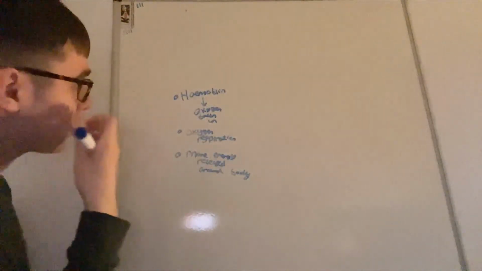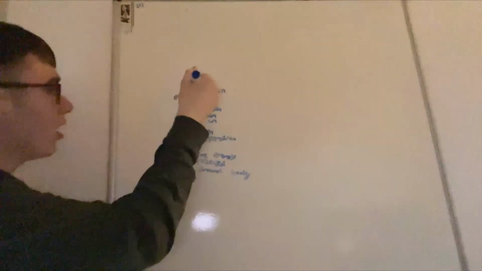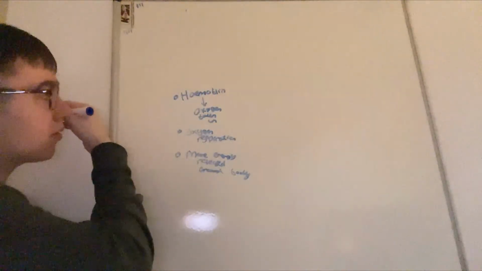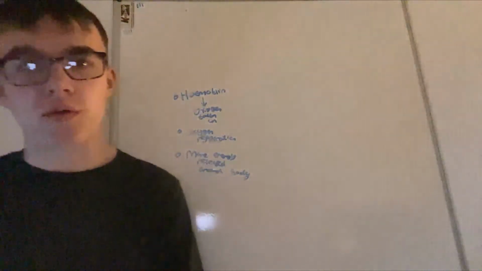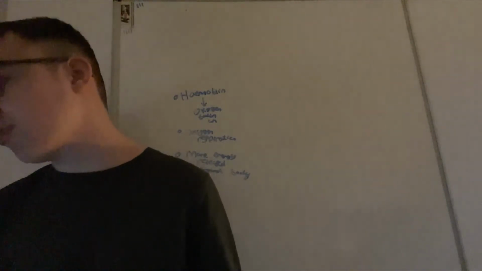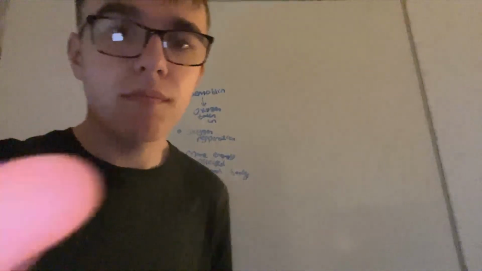And let's think, can we add anything else there? I guess you could say hemoglobin absorbs more oxygen, but this is a 3 mark question. I'm assuming I've done the bare minimum there. More hemoglobin, more oxygen can be transported for respiration.